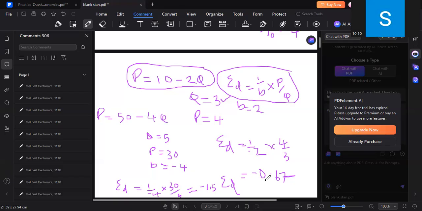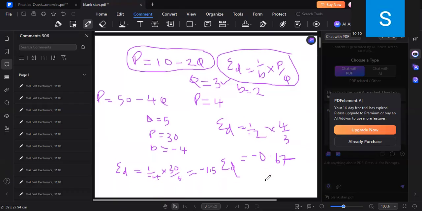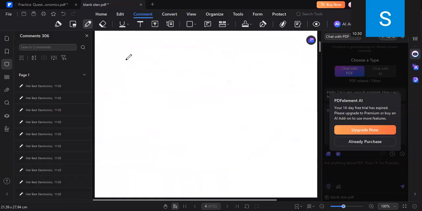So this is when we're using the formula. Elasticity of demand is simply the percentage change in quantity over percentage change in price. So for percentage change, we put a triangle like this. The elasticity of demand is always negative.